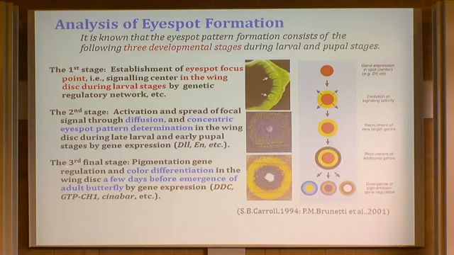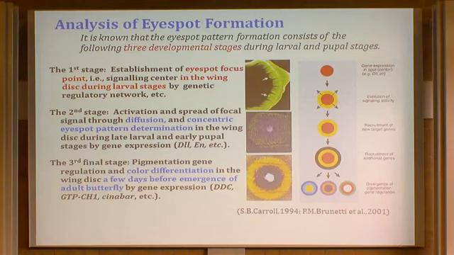And the third stage is pigmentation gene regulation. This is the color differentiation in the wing disc, occurring just a few days before emergence of the adult butterfly. These genes are also known these days: DDC, yellow, GTPCH1, etc.